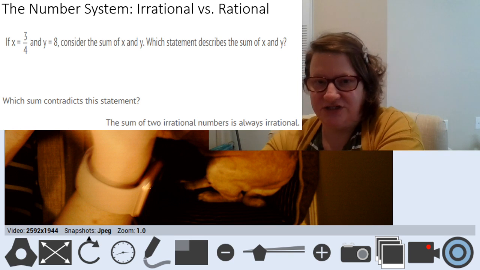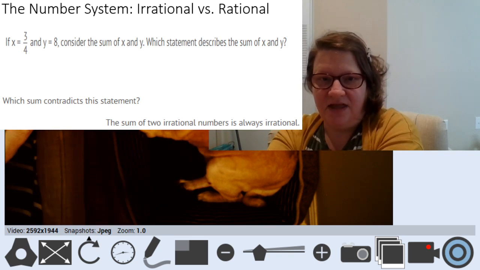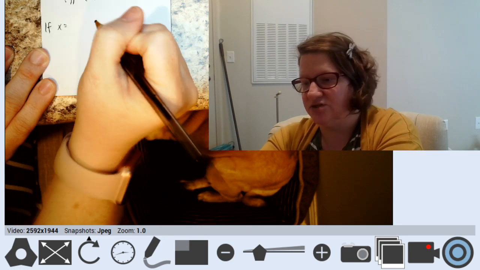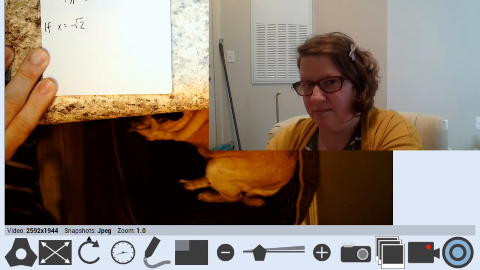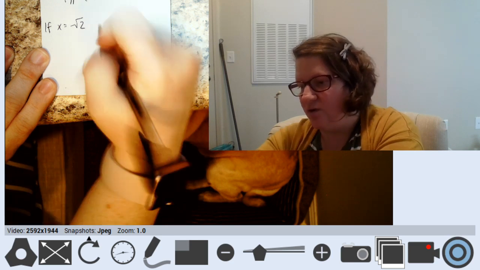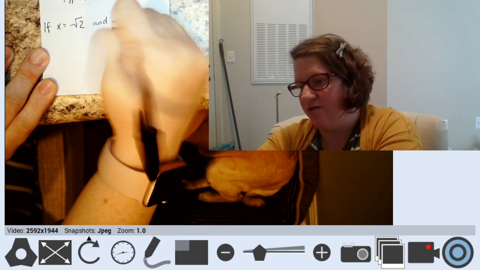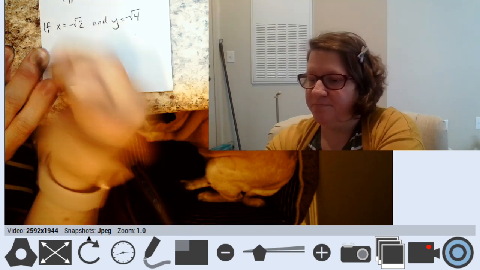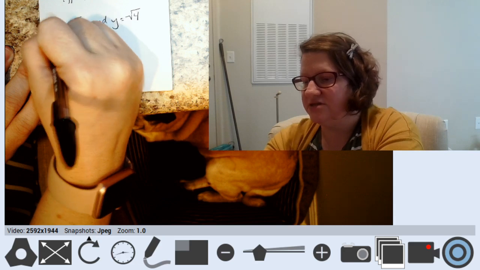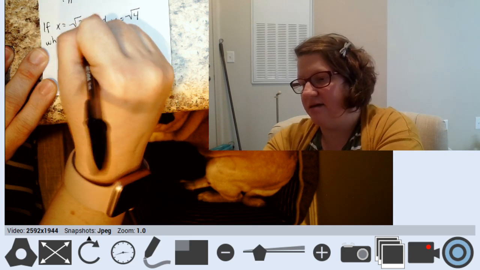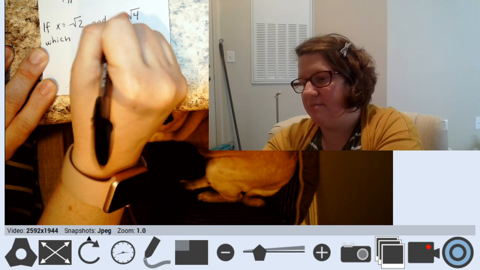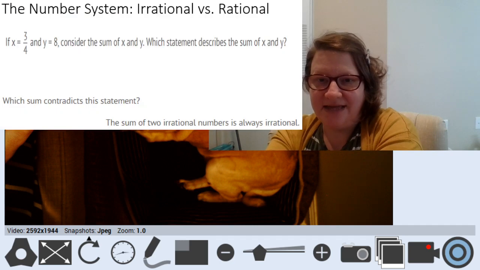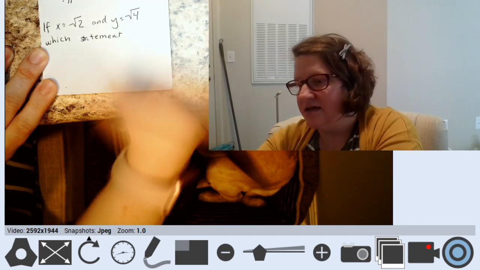So let's write a question that says, if x equals the square root of 2 and y equals the square root of 4, which statement describes the sum of x and y?